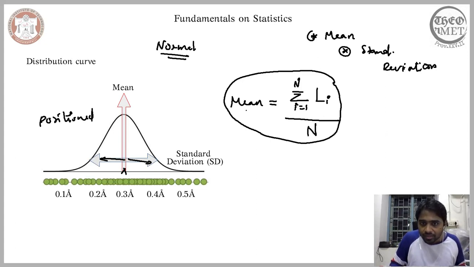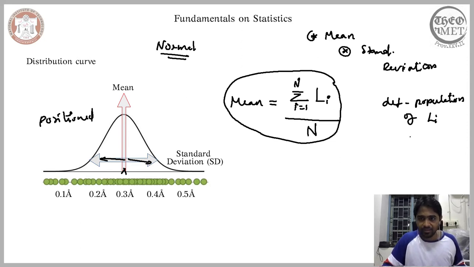This mu that we have estimated, or rather this mean that we have estimated by considering the sum of all the lattice parameters, comes from a definite population of lattice parameters Li, and the size of this population is n.